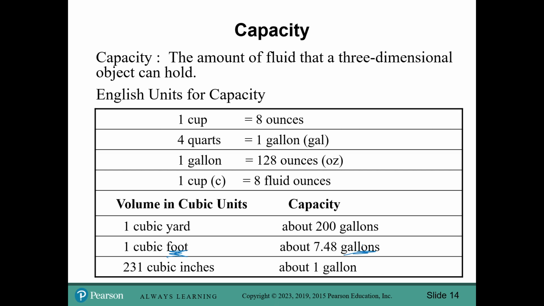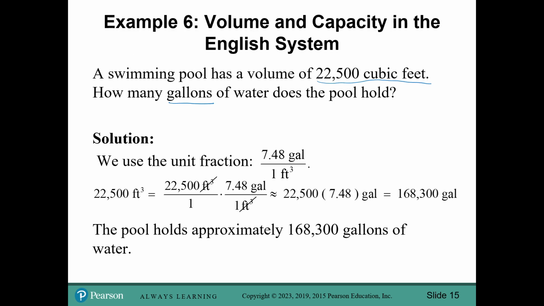That's going to be my conversion. 1 cubic foot is about 7.48 gallons. So the unit fraction we're going to use is 7.48 gallons over 1 foot cubed. We're going to start out with our initial information from our problem, the 22,500 feet cubed. I'm going to set that up as its own fraction here. Ignore the slash outs.